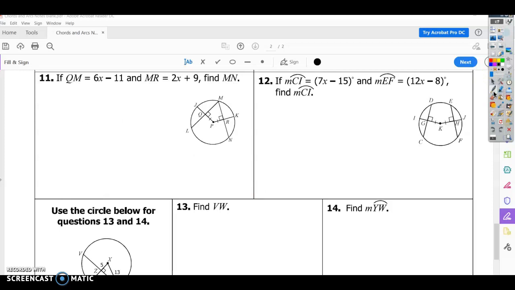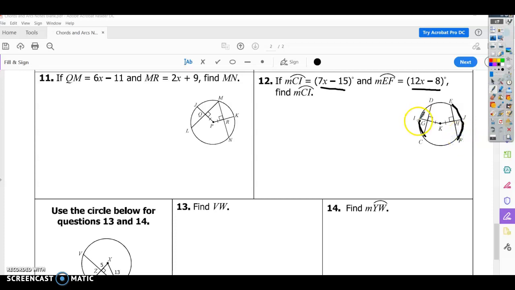All right, for number 12, it says the measure of CI, that's here, is 7x minus 15. And the measure of EF is this. So we have the measure of this whole arc.